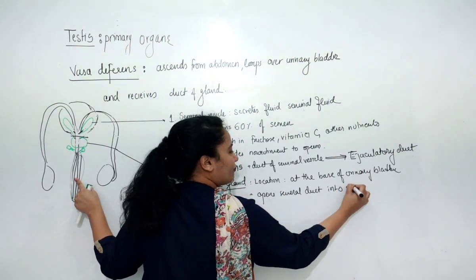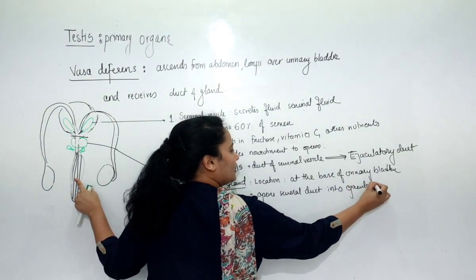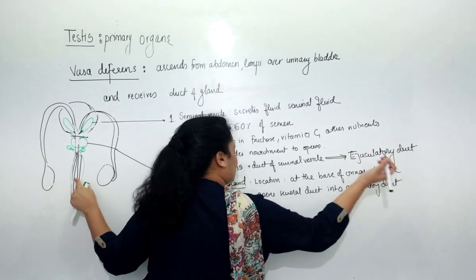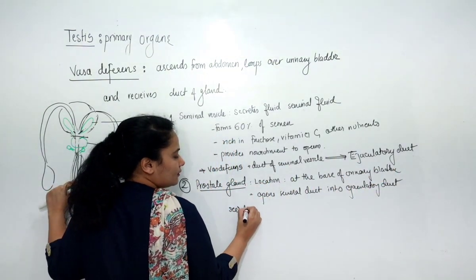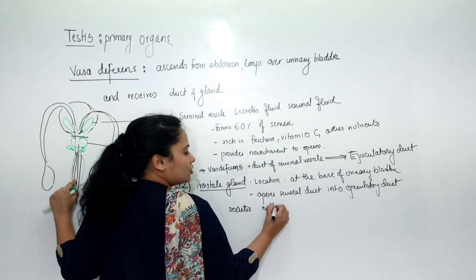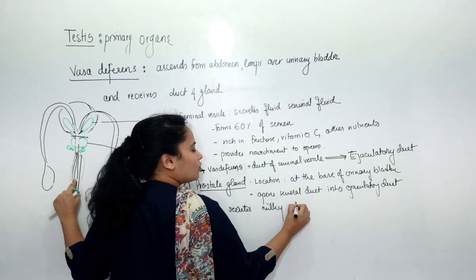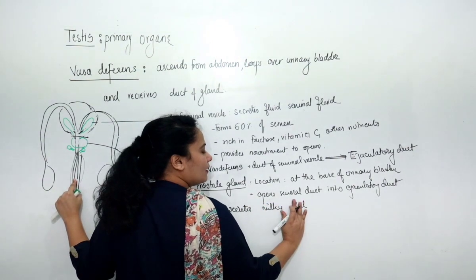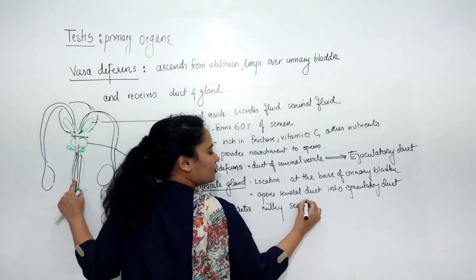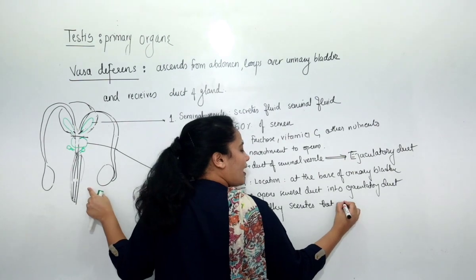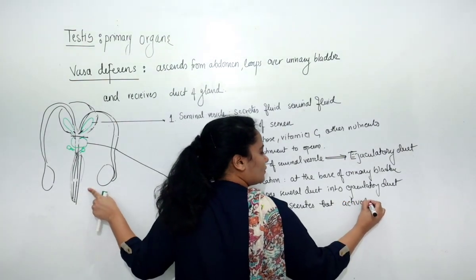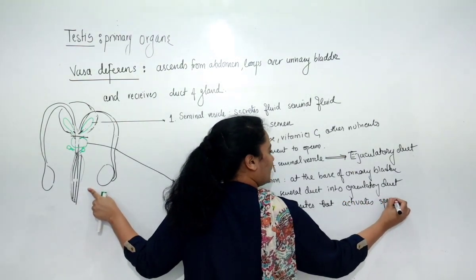The ejaculatory duct, because after this we'll call it the ejaculatory duct. And what does it secrete? It secretes a milky, yellowish-whitish secretion that activates the sperms.